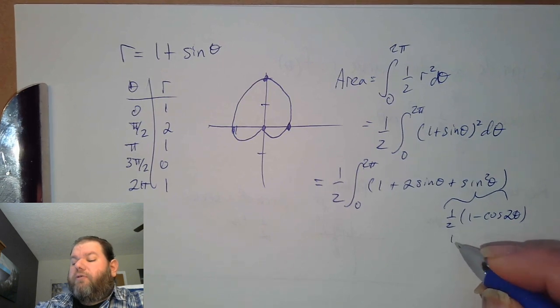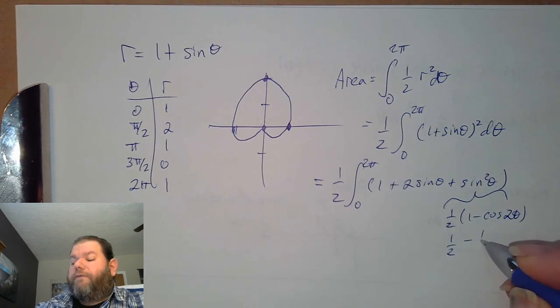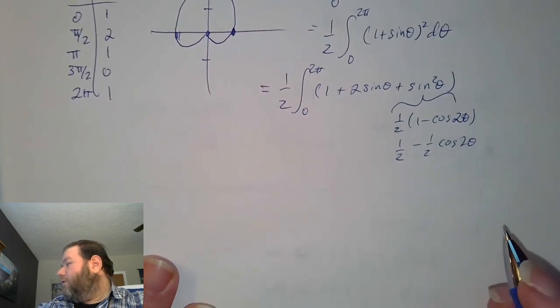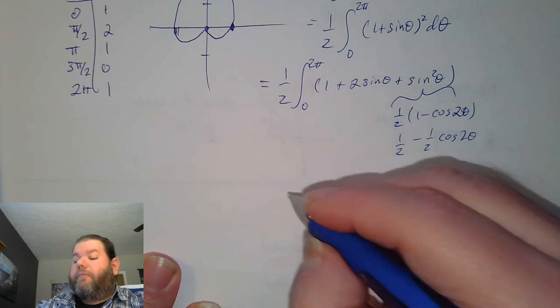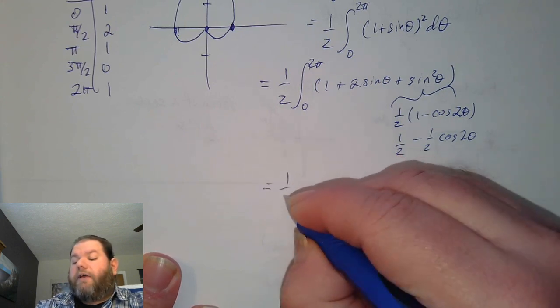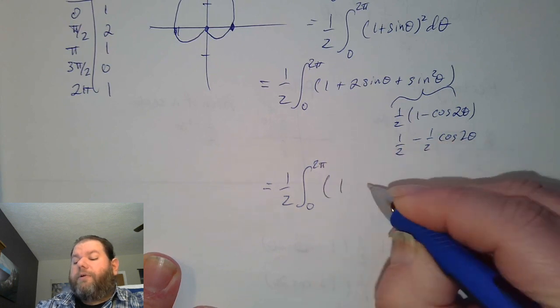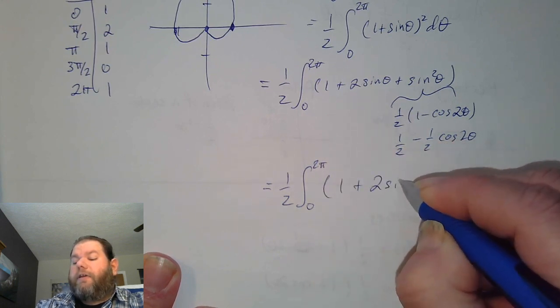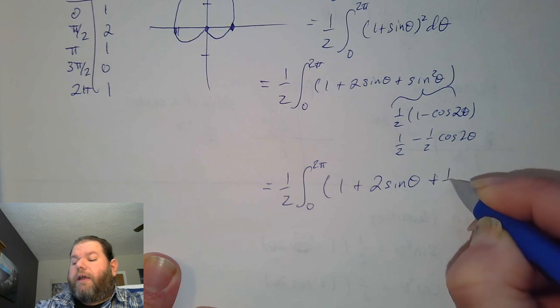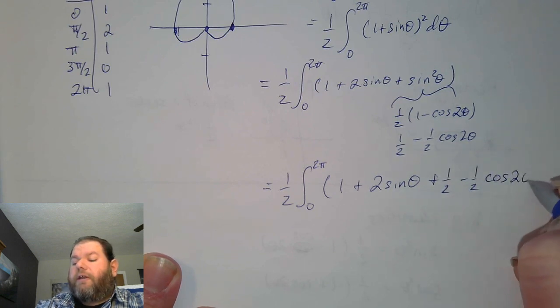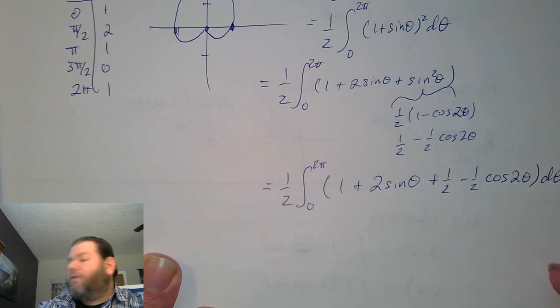And we might choose to distribute that 1/2 just so we can combine it better with the other terms here. So that would give us 1/2 on the outside, 0 to 2 pi, and then we have 1 plus 2 sine theta plus 1/2 minus 1/2 cosine 2 theta d theta.